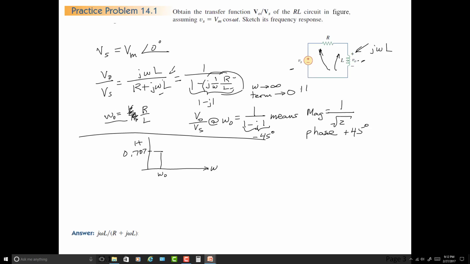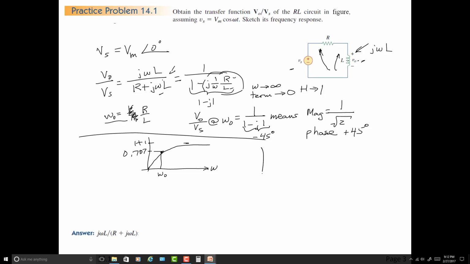So H will approach 1 over 1. That's going to be our max value up here. So we know there's a point there, a point there, and a smooth point out here, so there's going to be a curve as omega increases. We'll get more familiar with believing that, but that's where that function is going.